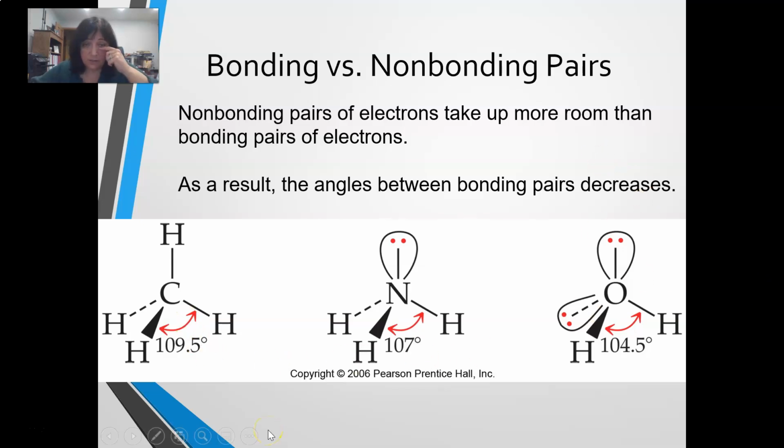And again, all of this stuff is in your book. 109.5 for a true tetrahedral. If you have one lone pair, it's going to squish these other three a little more closely to make it 107. Second lone pair is going to squish those remaining two together even more to give you 104.5. Now, I've never seen AP want you to remember what the actual numbers of the angles are, but knowing that the angle is decreased with every lone pair that's around the atom is really important to remember.